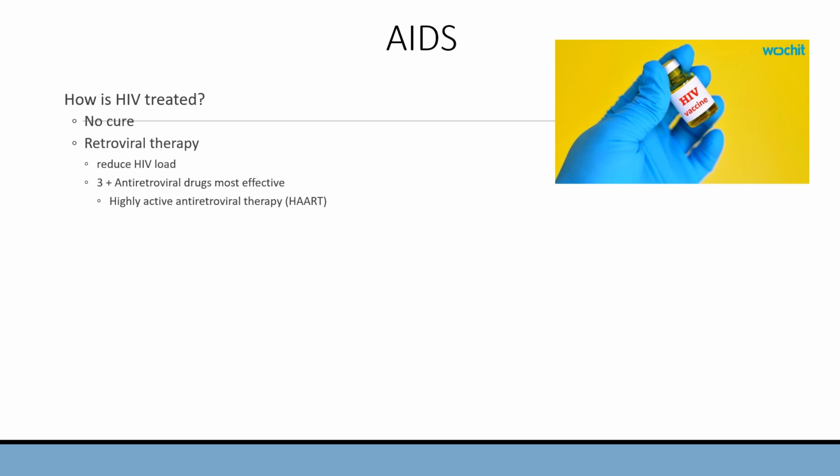Antiretroviral drugs prevent the HIV from replicating. We generally use these in combination. It's called highly active antiretroviral therapy, or HAART. That's when you use 3 or more antiretroviral drugs to be most effective.